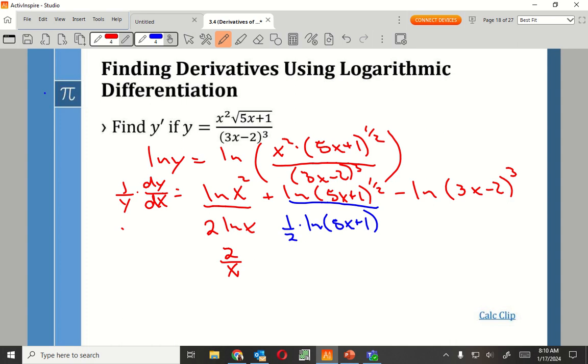So I'm going to bring down my plus 1/2. What's the derivative of, remember, it's going to be a chain rule, right? The derivative of ln u would be 1 over u, but my u in this case is going to be 5x plus 1, right?